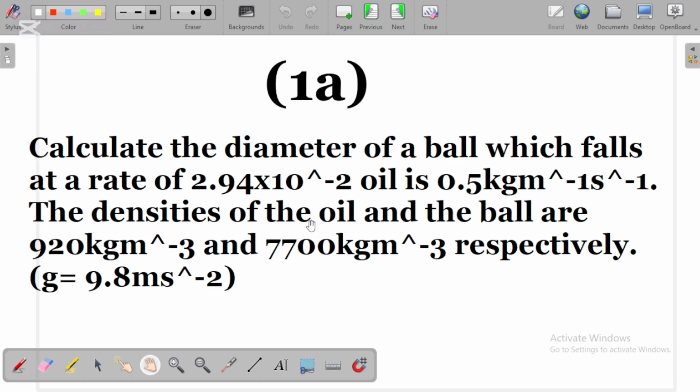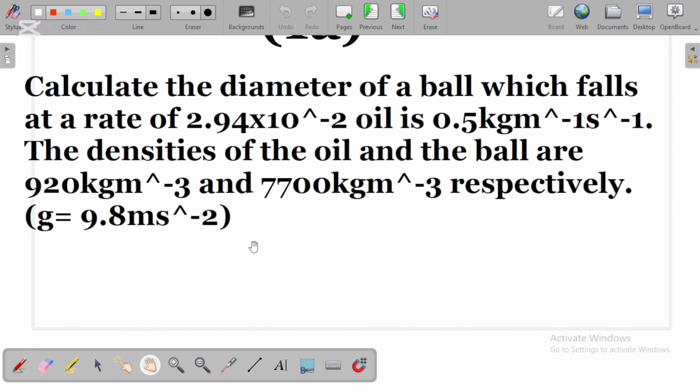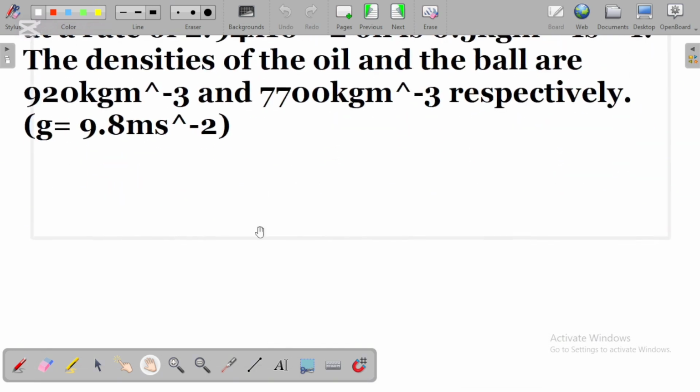The density of the oil and the ball are 920 kilogram per meter cube and 7,700 kilogram per meter cube respectively. Acceleration due to gravity G is equal to 9.8 meter per second square. Alright, so this is the question. So how do we solve this question?